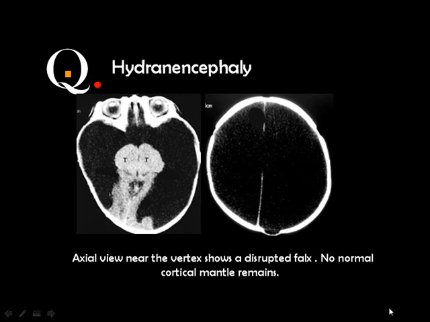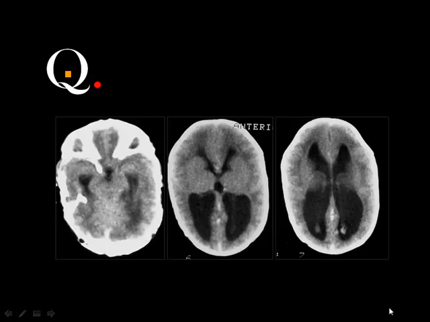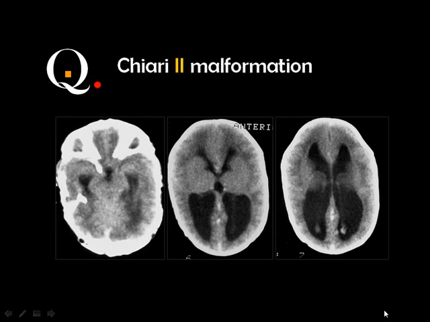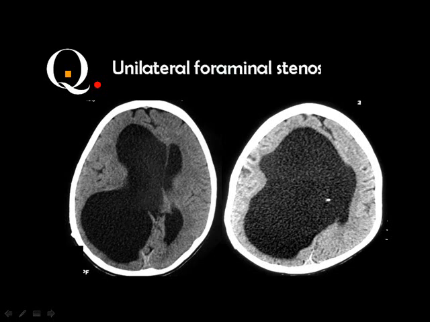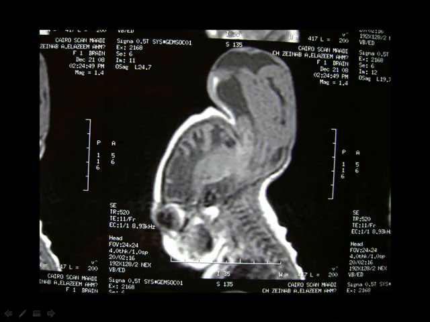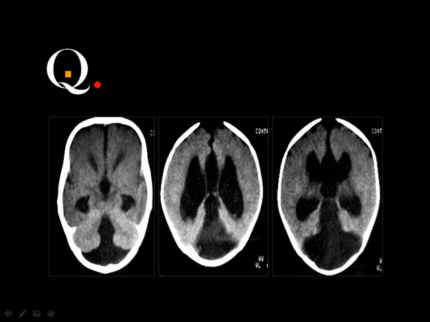Hydrocephaly. Chiari-2 malformation. Yes, very good. Atresia or stenosis, congenital stenosis of the foramen of Monro of the right lateral ventricle, unilateral foraminal stenosis. This is not okay.